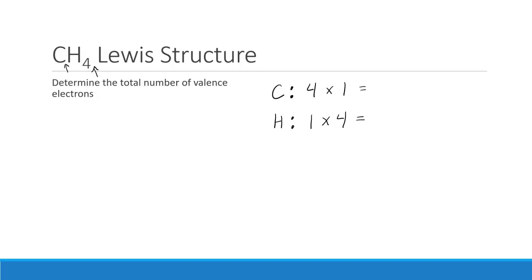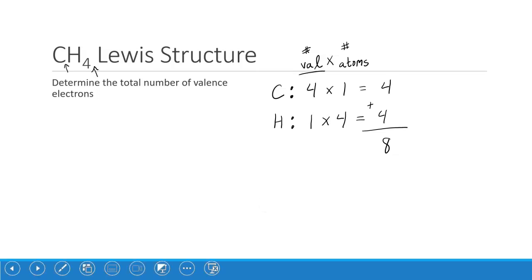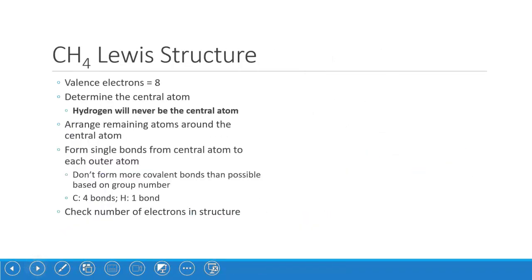We've got 4 for carbon and 4 for all the hydrogens, giving us a total of 8 valence electrons. Just remember that the first number is the number of valence electrons from the periodic table, and the second is the number of atoms that we have. We multiply those two values together and then add them all up for all the elements. So we have a total of 8 valence electrons.